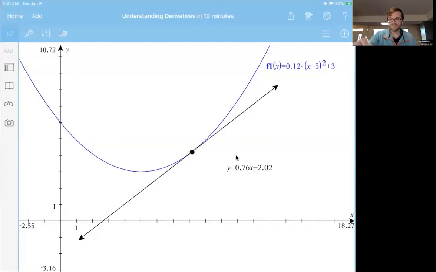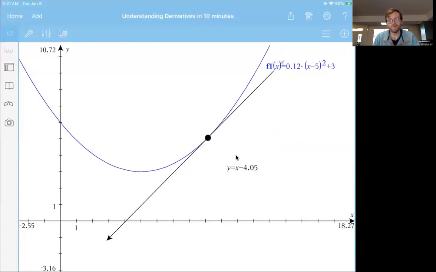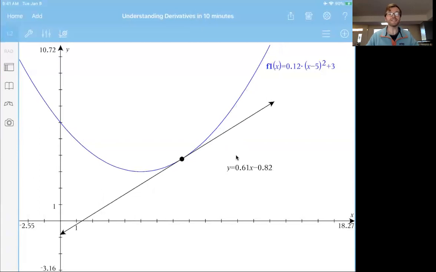It's f1 of x equals 1.12 times (x minus 5) squared plus 3. And for some reason, it's really important that you know how y changes with respect to x, what the slope of this tangent is for these different values of x. And you don't have a fancy calculator that's going to do it for you, because calculus hasn't been invented yet.